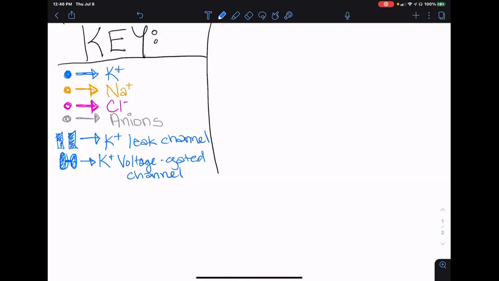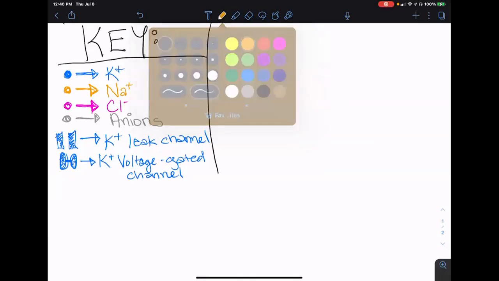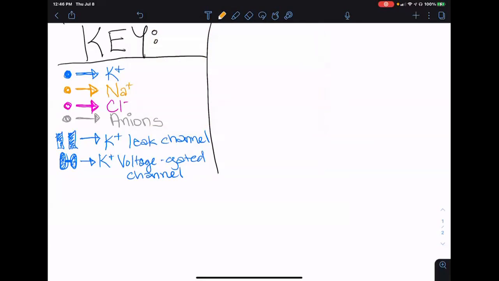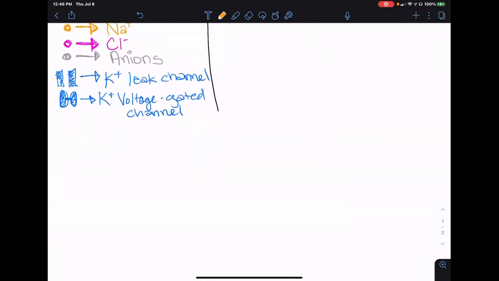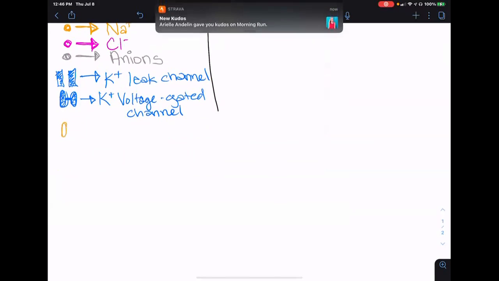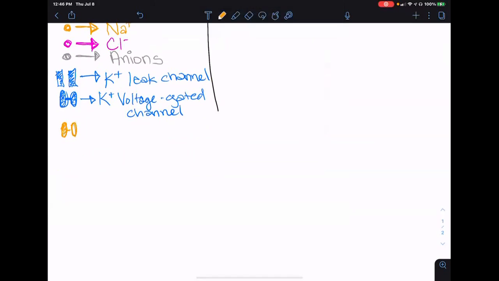Now let's draw out our sodium channel. Sodium does not have a leak channel, but sodium does have a voltage gated channel. So let's draw one of those in here. Sodium voltage gated channel. Since it's a voltage gated channel, we're going to give it those oval shapes, just like we saw with the potassium.